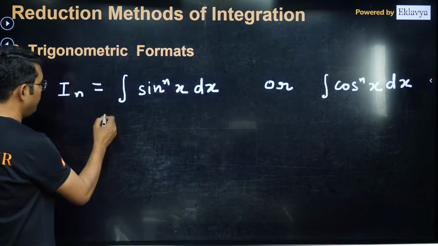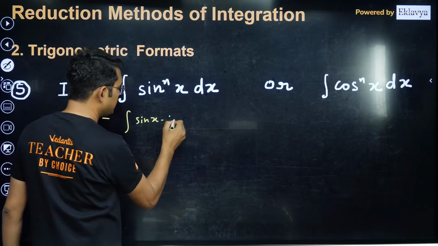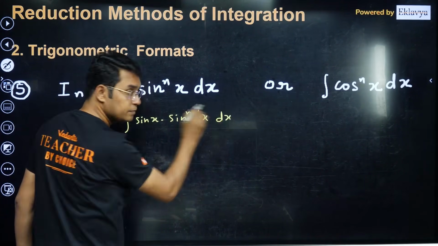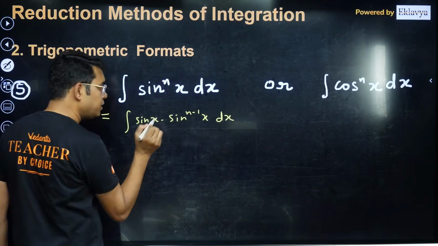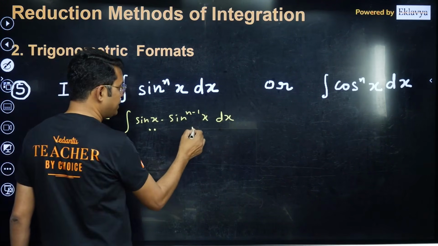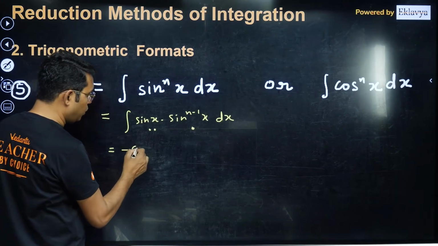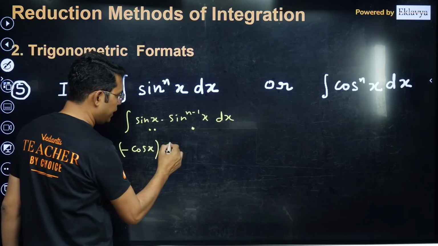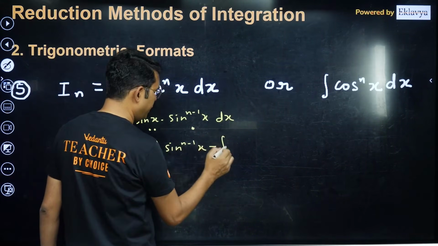In this case, we will write sine x into sine power n minus 1 x dx. This I will take as a second function whose integration is to be done, and this I will take as a first function. So this becomes minus cos x, and this will be as it is, sine power n minus 1 x, minus the integral.